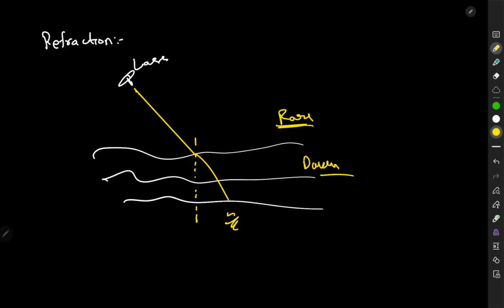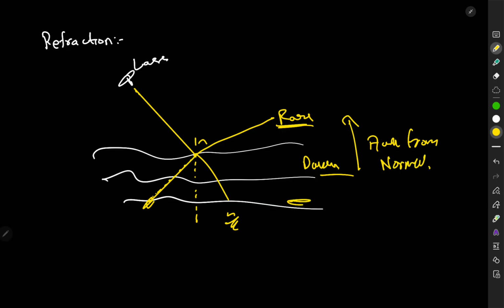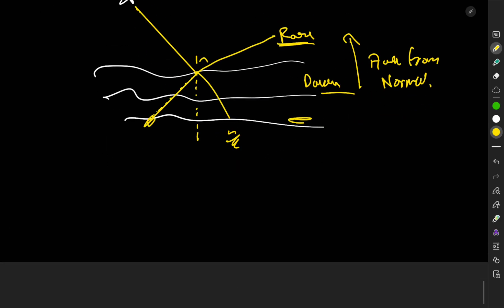In opposite, if you are in water and then taking the laser outside, it will be like this, fine. So when denser to rarer, it will bend away from the normal. So water is considered as a denser medium. Okay, let's go further.